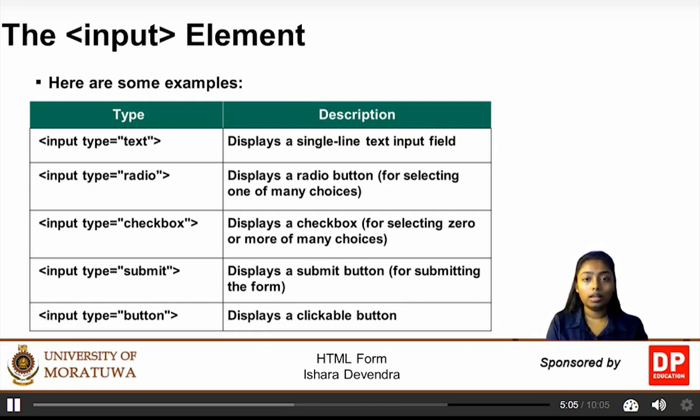So this is the difference between the checkboxes and the radio buttons. The next input type is submit. It displays a submit button for submitting the form. The button input type also displays a clickable button in a form.